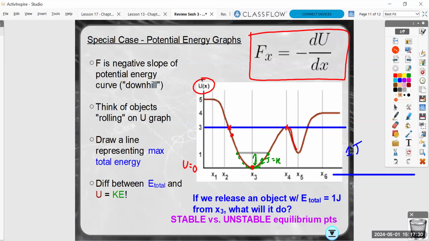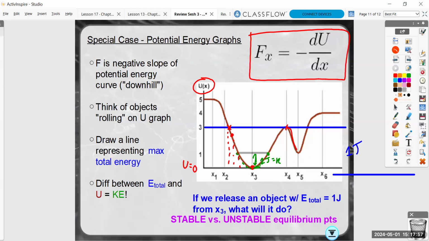It's getting pushed and pulled by some force you can't see. And all you know is at any given position along the road, how much potential energy it has, right? So at this point, it's got some potential energy. But if we think about our graph, it's going to want to move to higher and higher x values, right? Which means it's going to get pushed that way, right?